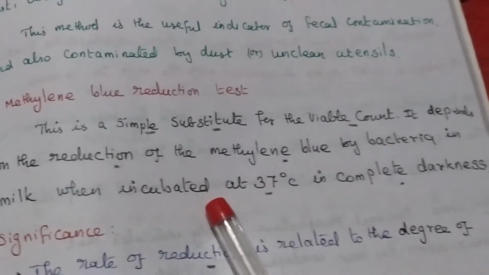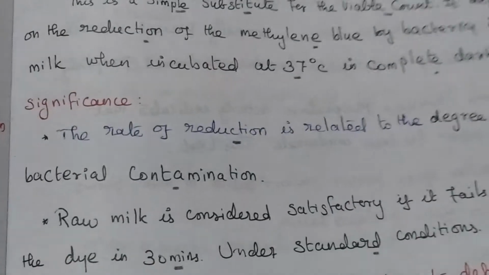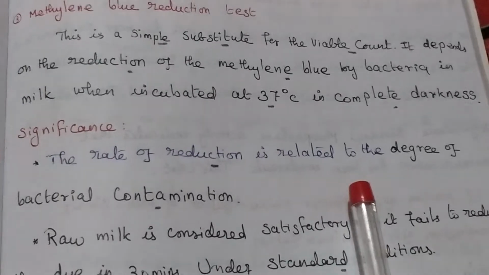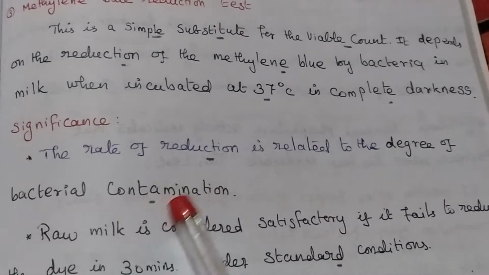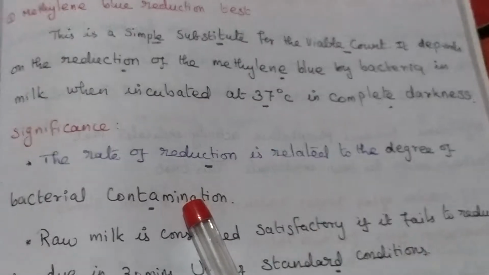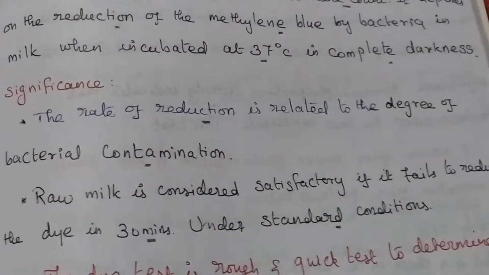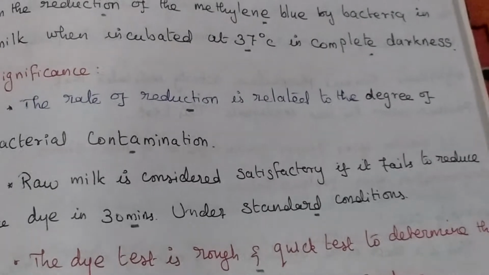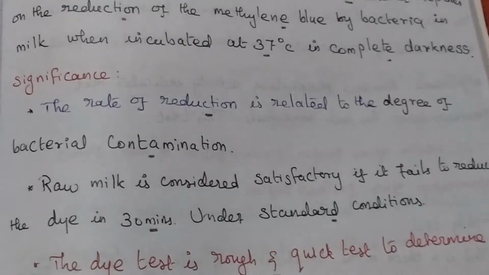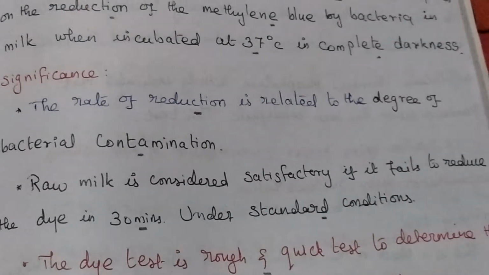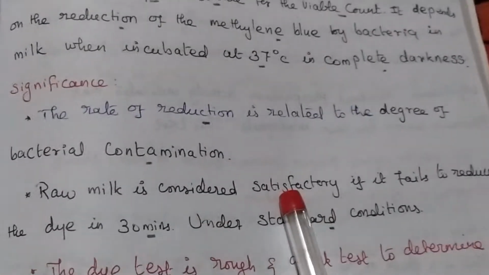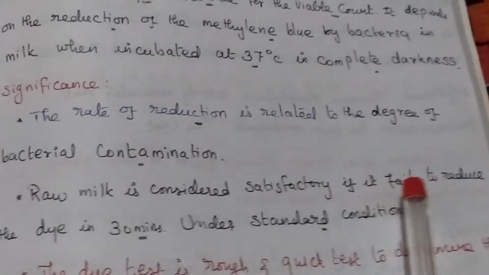Significance of this result: the rate of reduction is related to the degree of bacterial contamination. Under standard conditions, raw milk is considered satisfactory when it fails to reduce the dye in 30 minutes.